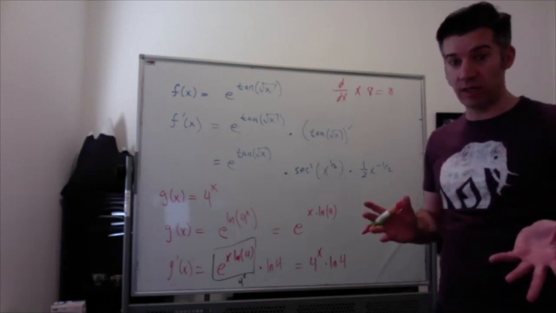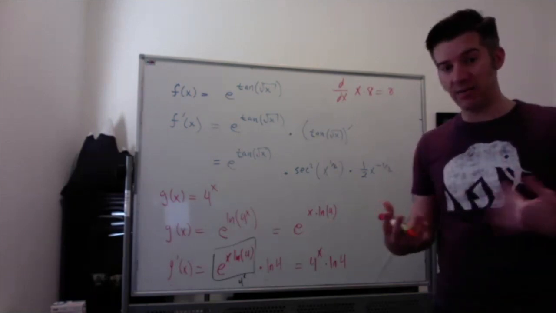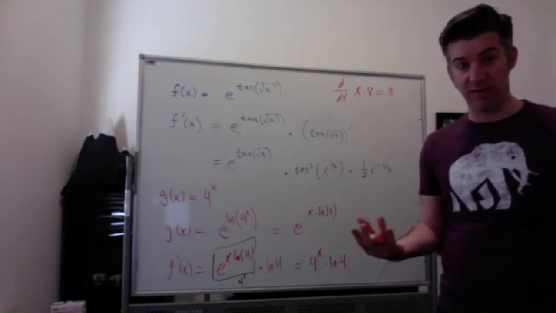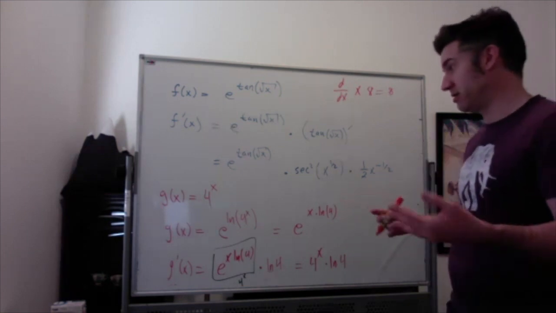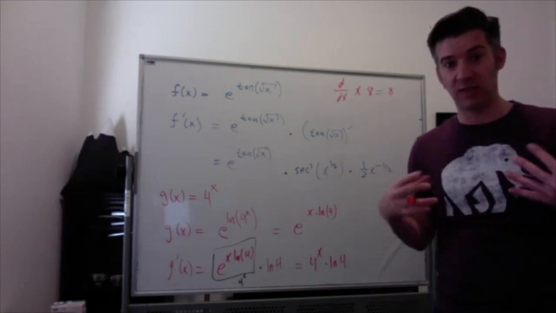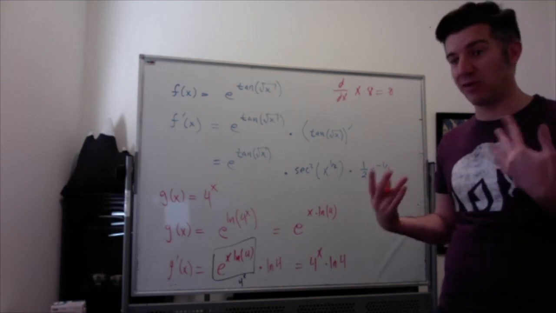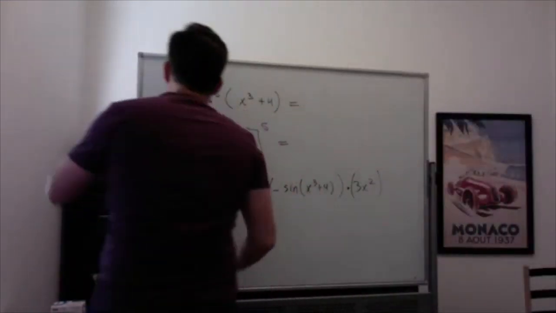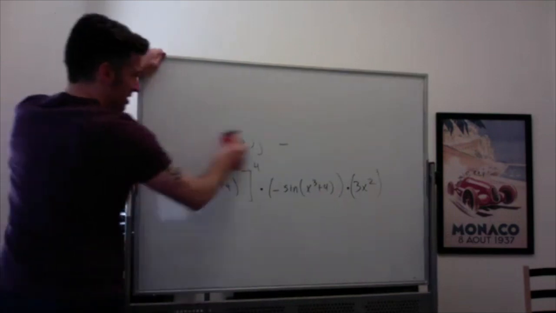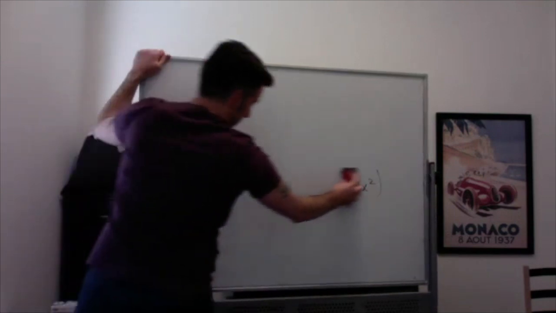And generally, if you have a base that's not e raised to a variable power, the derivative is like it would be if it was e, except it's the base you have times the natural log of the base. I don't want to do this every time I have a different base.